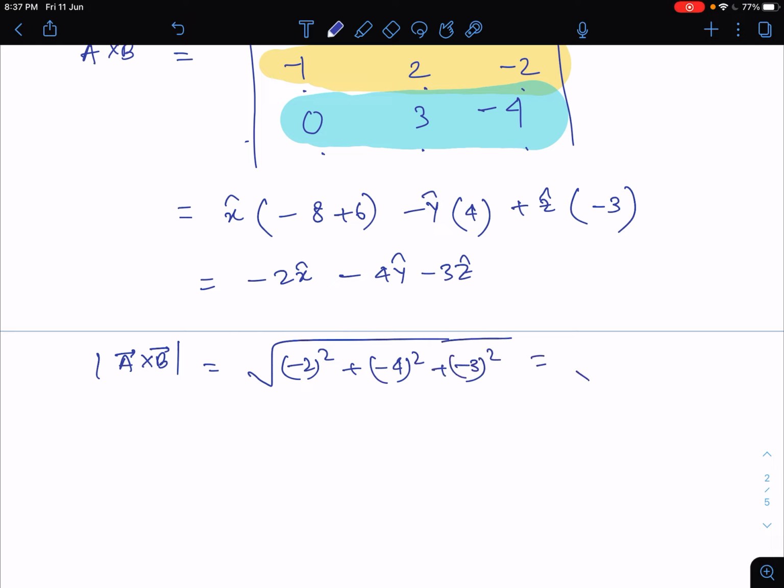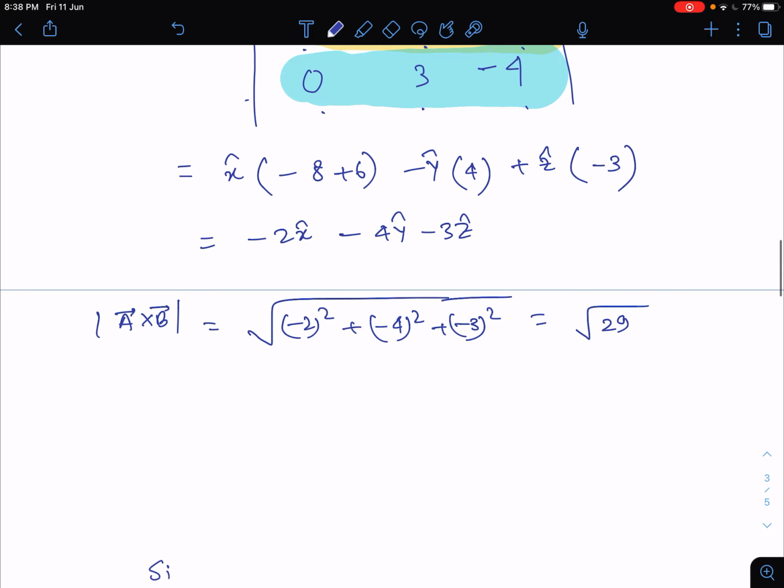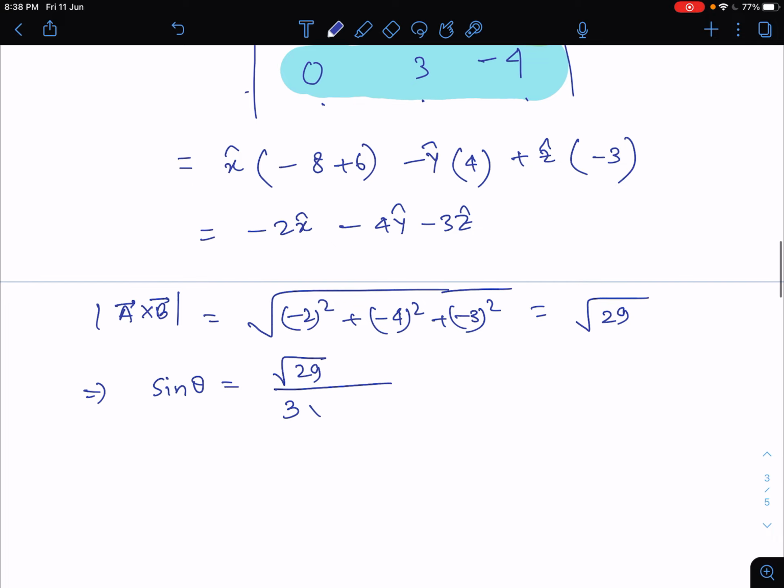So this is root 29, right? And what is now sin theta? Sin theta is root over 29 by the mod of a, which is 3, and the mod of b, which is 5, so root over 29 by 15.